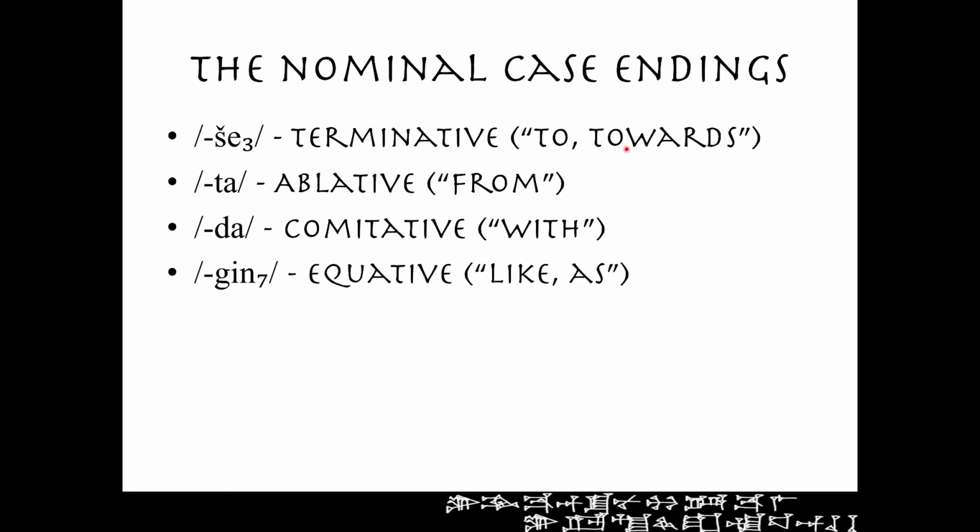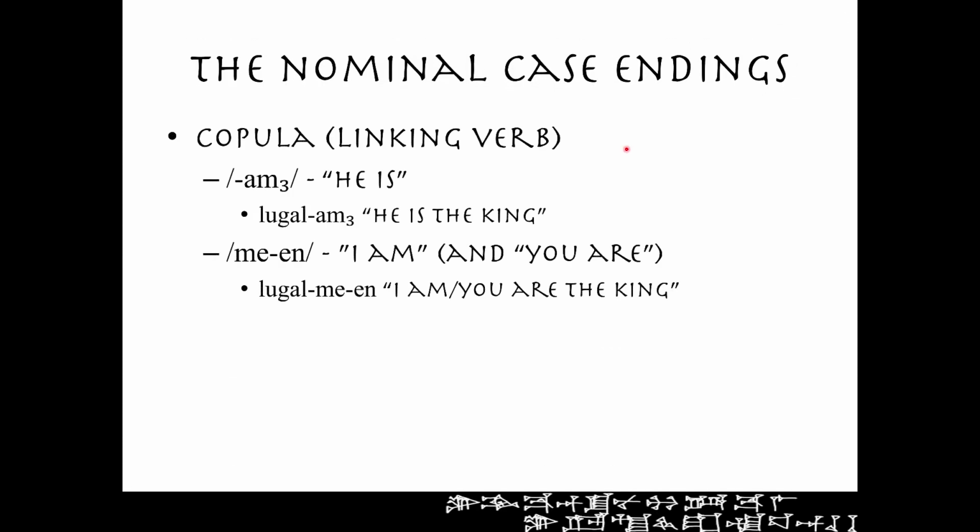Gin 7. Gin 7 is the equative. It means like or as. So it is like bronze. You would say bronze, gin 7, like bronze. Now, one more that I want to mention here is the copula.